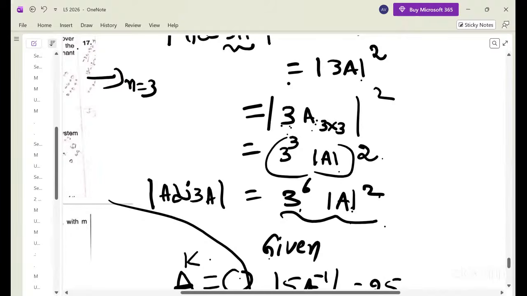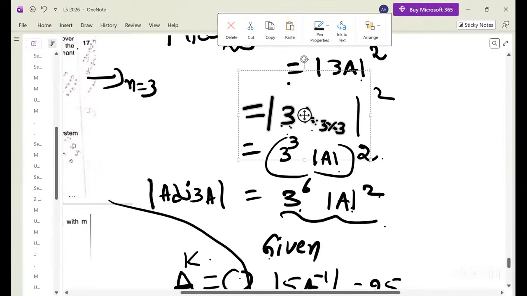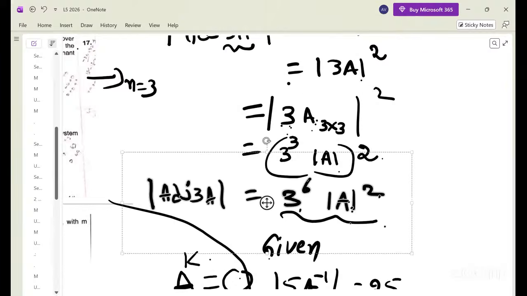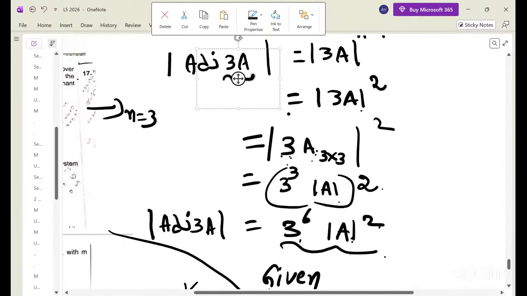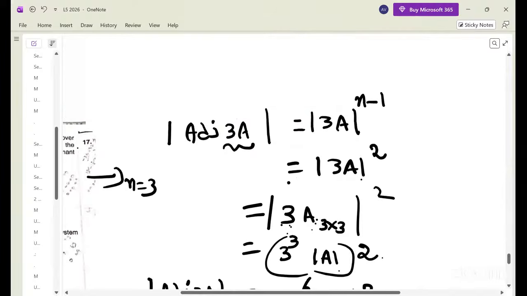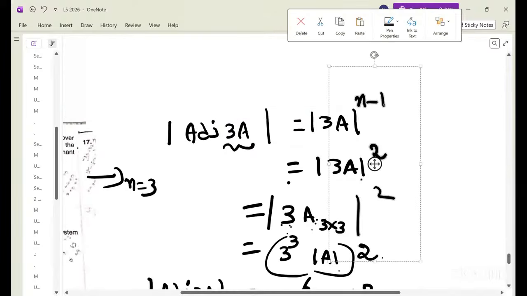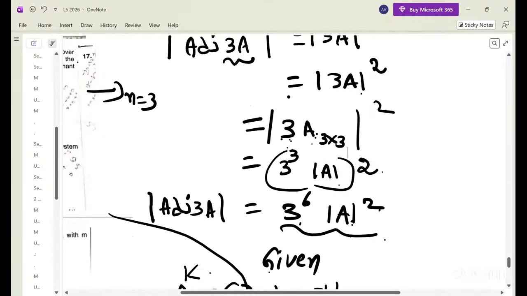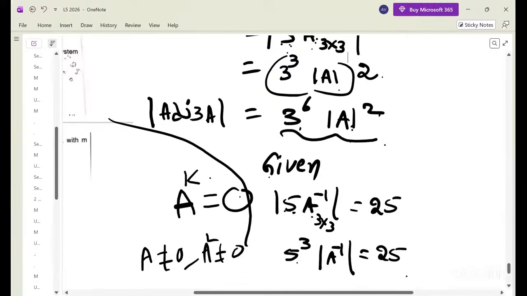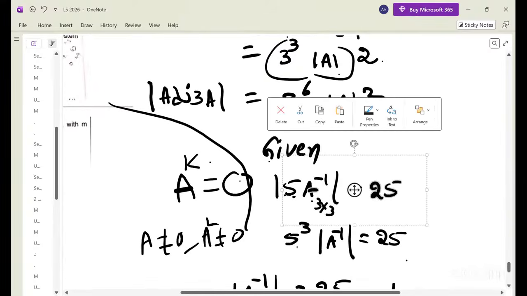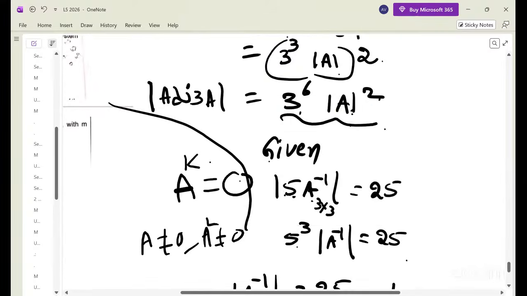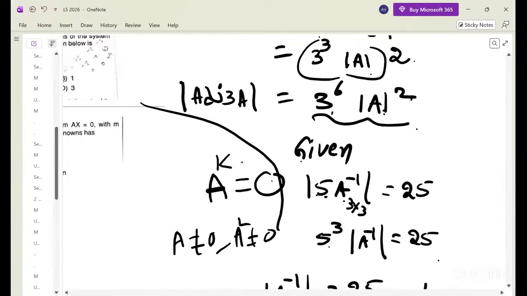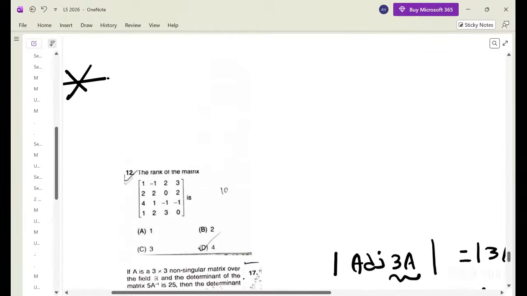First of all, we calculated det of adjoint A, and then we went for the determinant of adjoint 3A. What is given? Det of 5A inverse. From there we got det A, then we substituted back. So this is also one of the applications of a concept which we have done earlier.